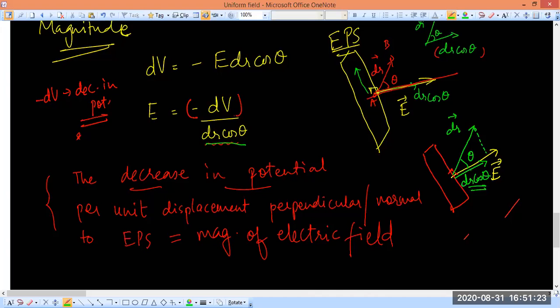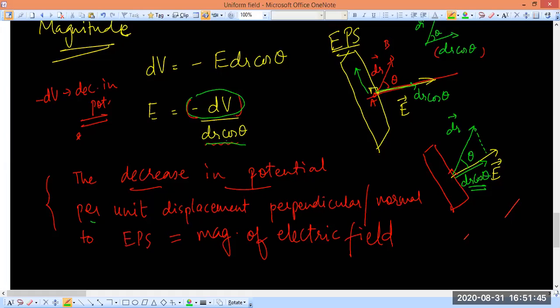Okay. So decrease in potential, that is this, per means divided by what? Displacement perpendicular to equipotential surface, that is dr cos theta, right?